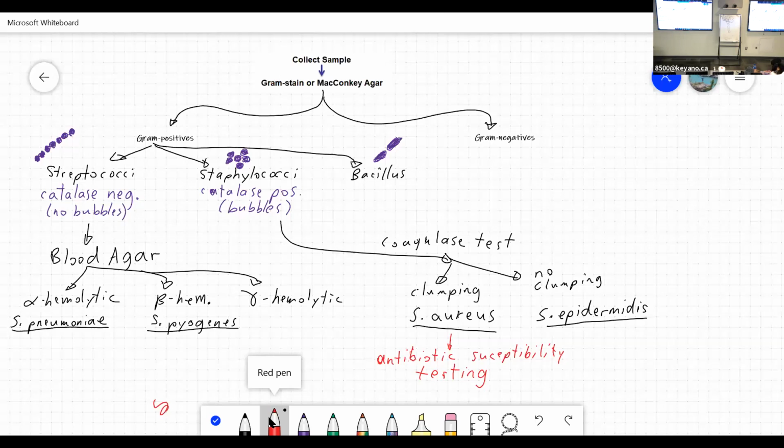Okay, so there's one more gram-positive group, which is the Bacillus, right? And there's a few species that are relevant for that. I'm going to write them over here on the right.